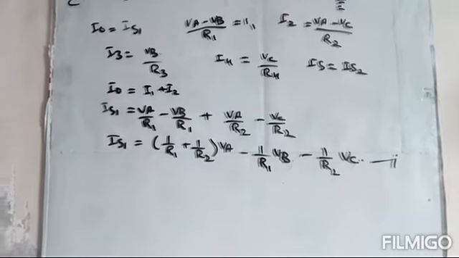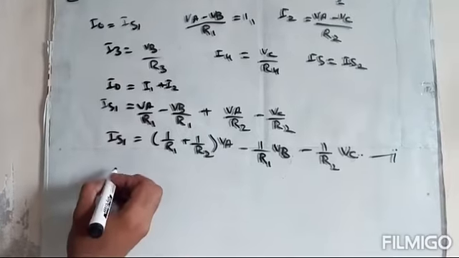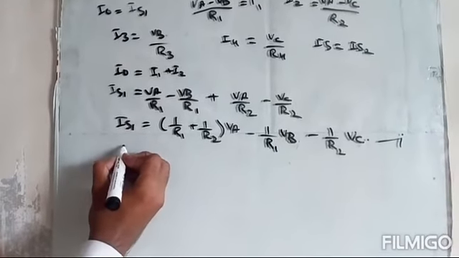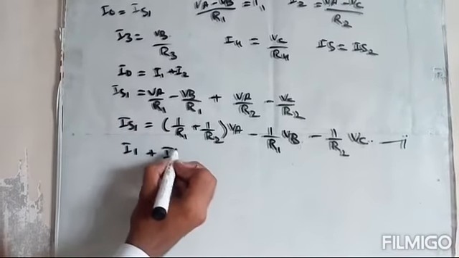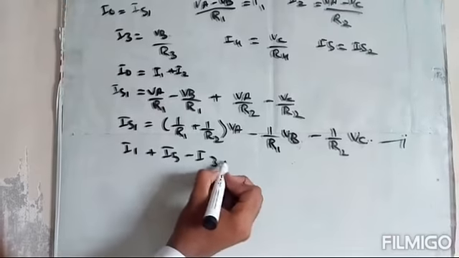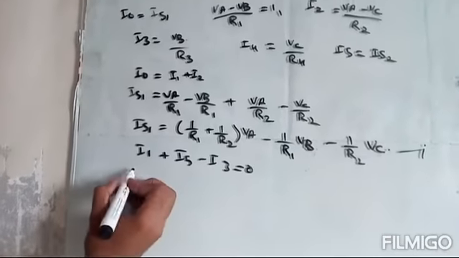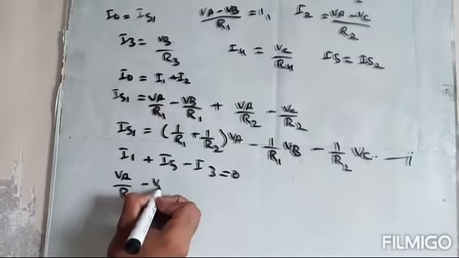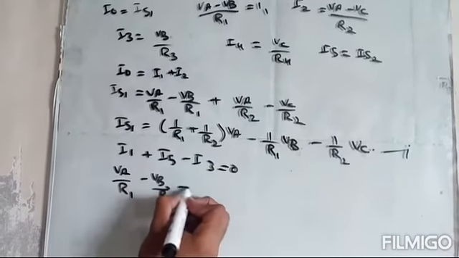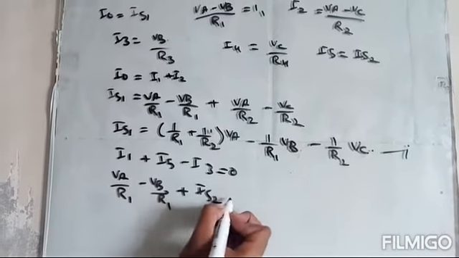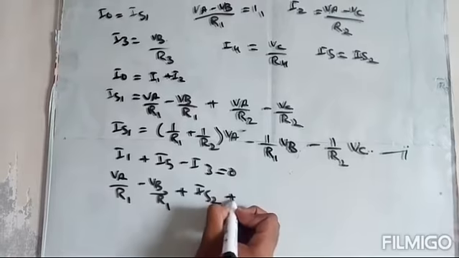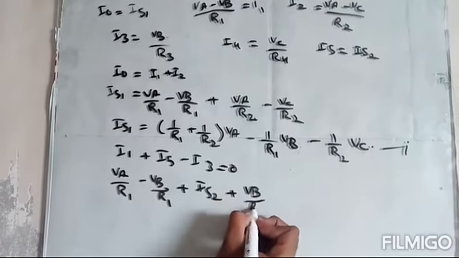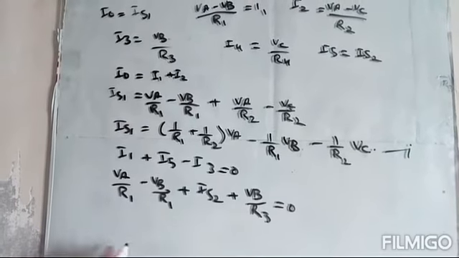Now we will put the values of currents in the node B equation, that is I1 plus I5 minus I3 is equal to 0. So I1 is equal to VA over R1 minus VB over R1, I5 is equal to IS2 and I3 is equal to VB over R3, and the sum is equal to 0.